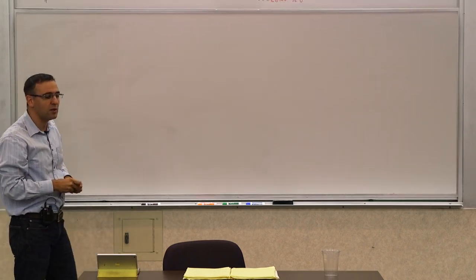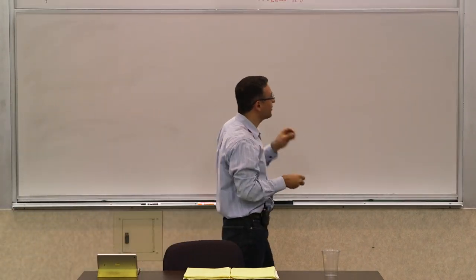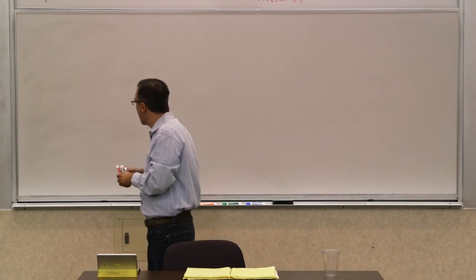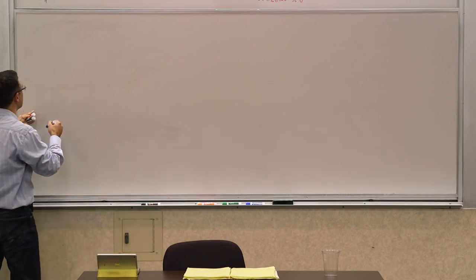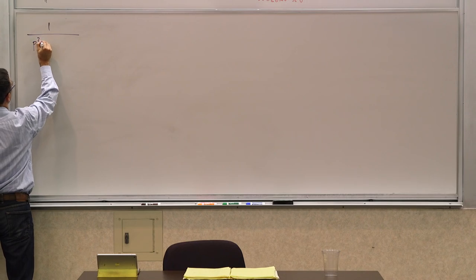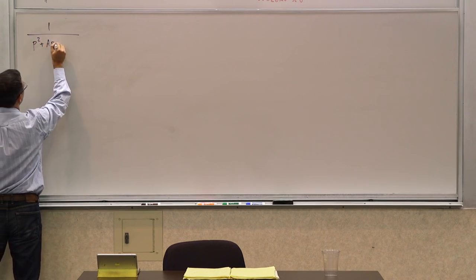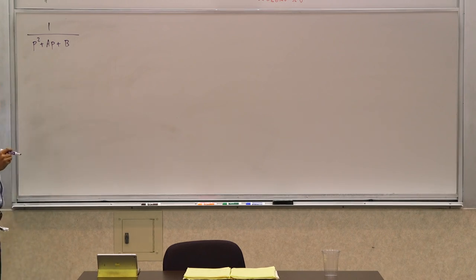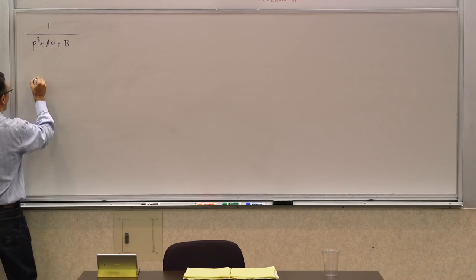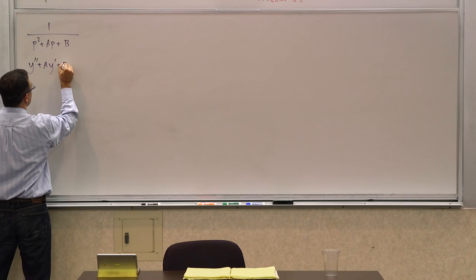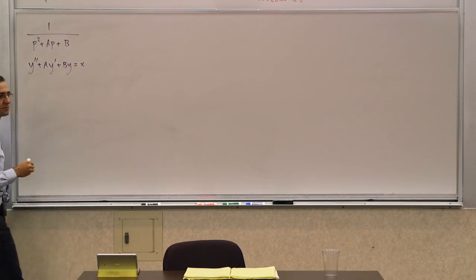We are going to use it particularly to look at a general second order response of a system. In other words, we are looking at a situation where you have a polynomial of the form p squared plus ap plus b. This is useful for differential equations in the form of y double prime plus a y prime plus b y equals x.